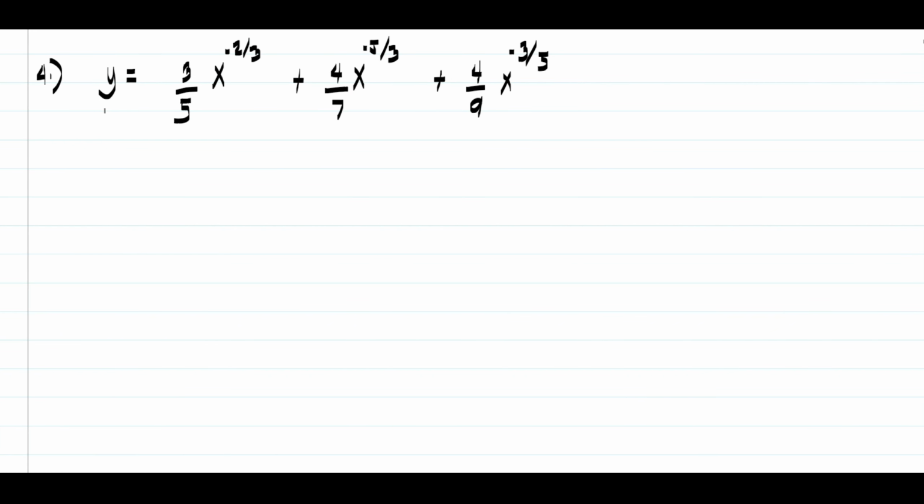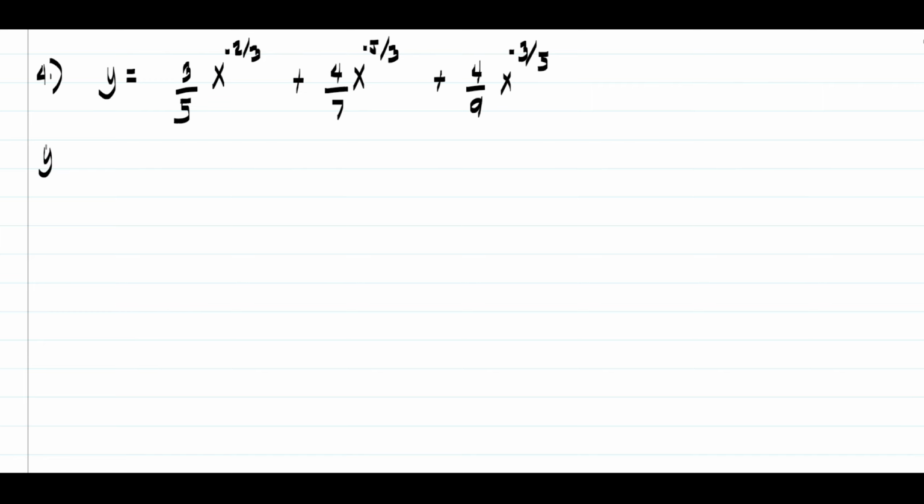On example number 4, we have y equals 3 over 5 x raised to negative 2 over 3, plus 4 over 7 x raised to negative 5 over 3, plus 4 over 9 x raised to negative 3 over 5. So let us have the derivative of the given function.